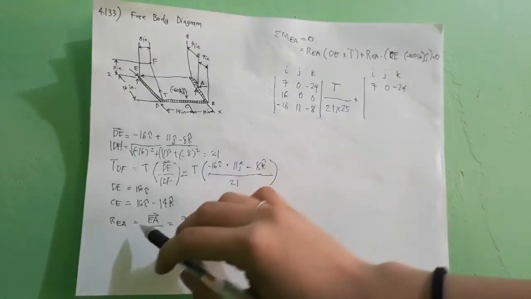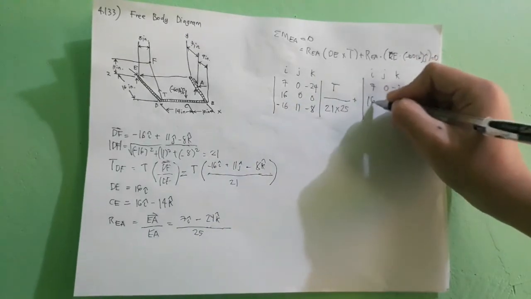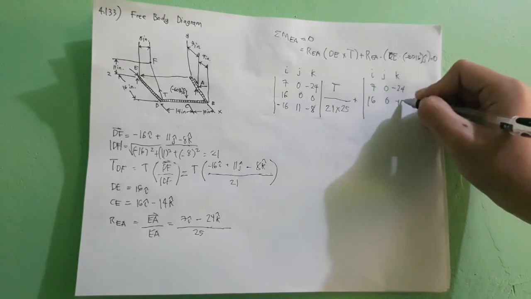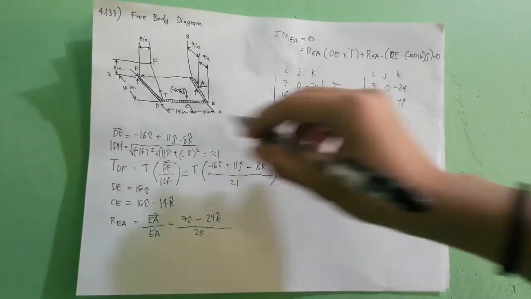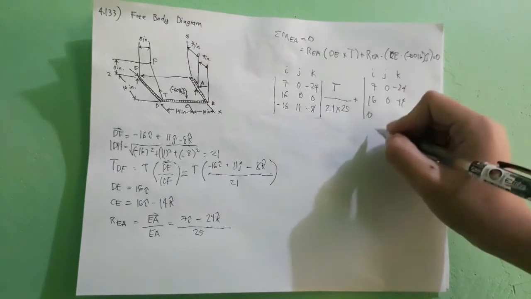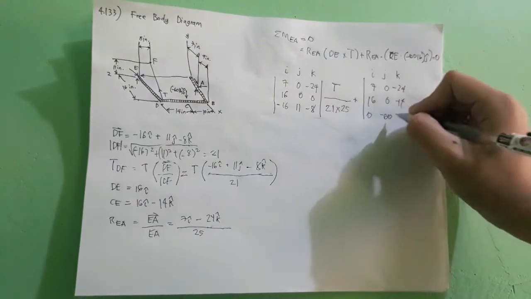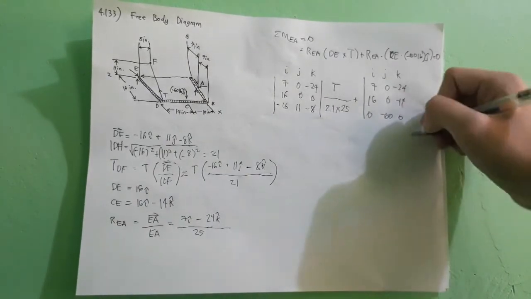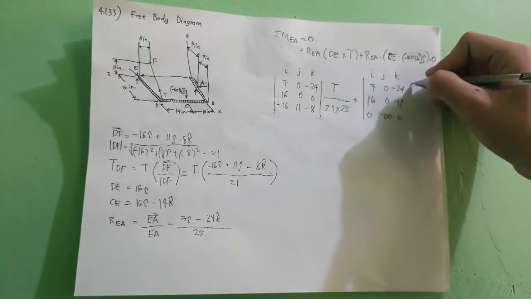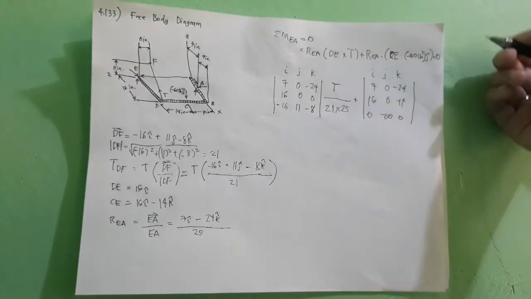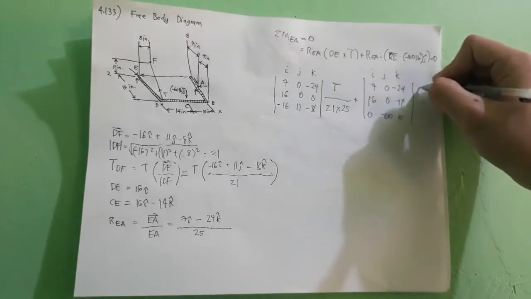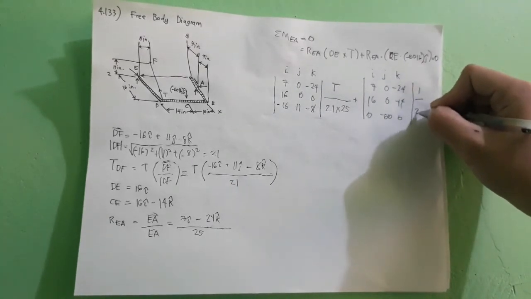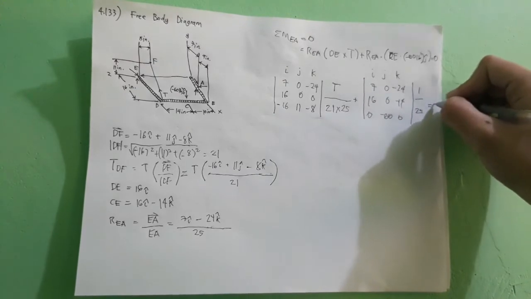Then the CE: 16, 0, negative 14. Then the negative 60, times one over 25, equals 0.